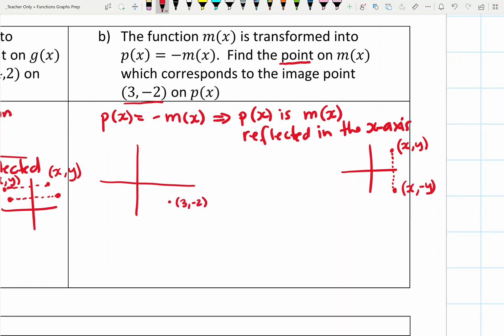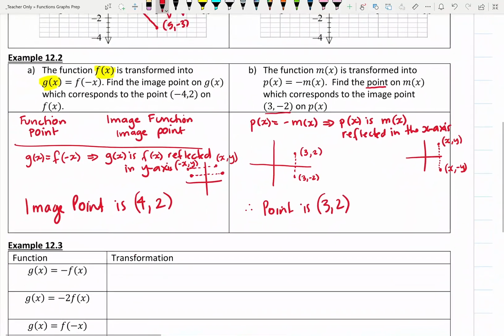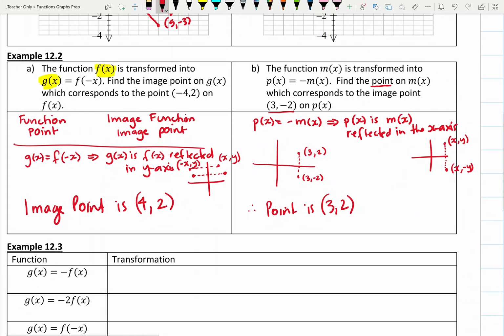So if that is our image point, then our corresponding point on our original function was going to be 3, 2. Therefore, the point is 3, 2. So really the only thing to remember with these types of questions is working out, is it reflected in the x or y axis, and then adjusting the coordinates accordingly.